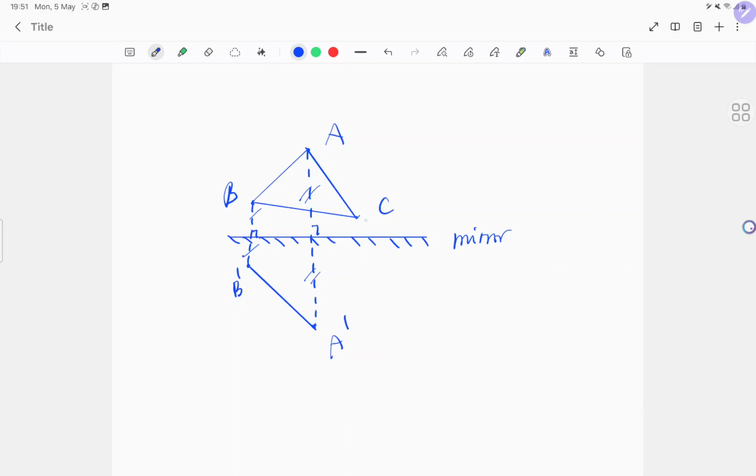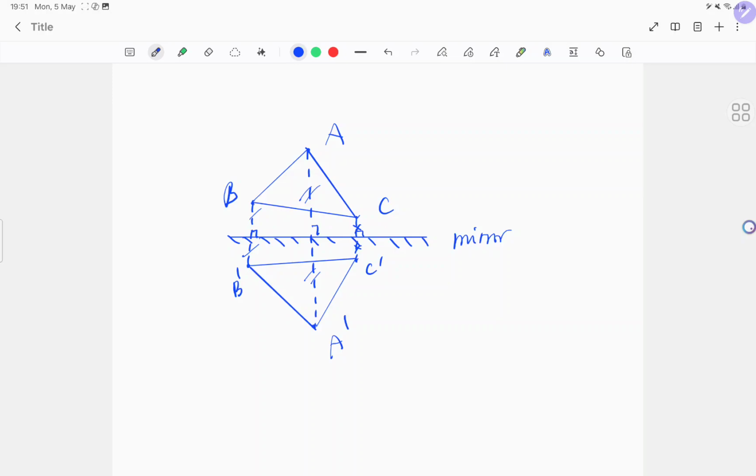So you just need to draw the image of C. Same distance, perpendicular, and then you connect the images together to have the image of the whole triangle. That's the principle. This is what we call the image produced by a mirror.